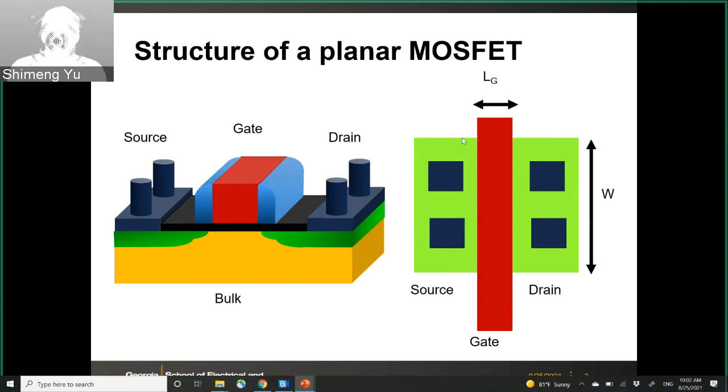As a physical designer, you will specify the design rule, following the guidelines from the PDK, process design kit. Then you will design the gate length and width, and also the contact size and the spacing between contact to the gate and also to the diffusion region and so on. So this is the MOSFET layout for the planar MOSFET. This is used in the older technology node.